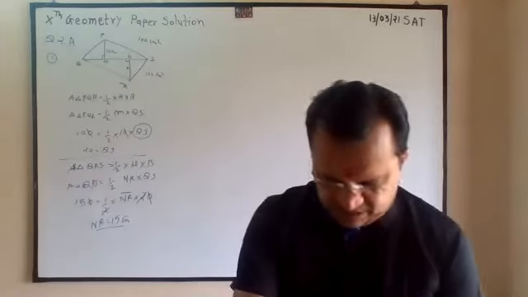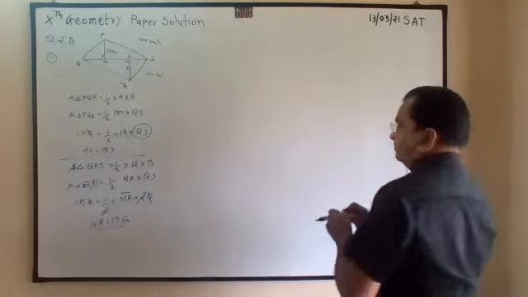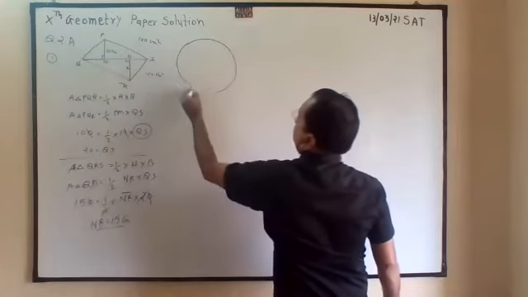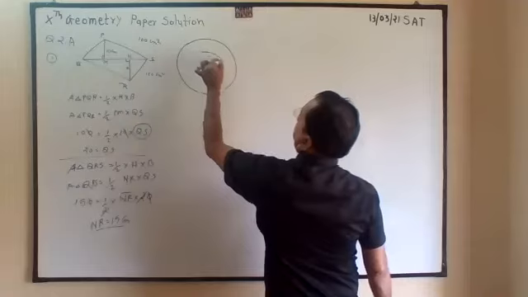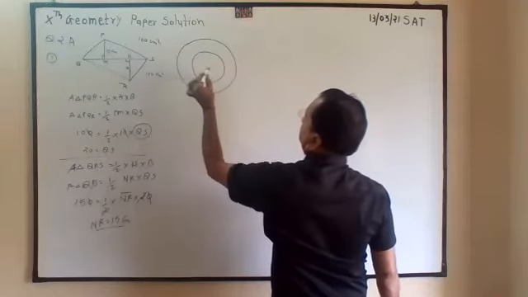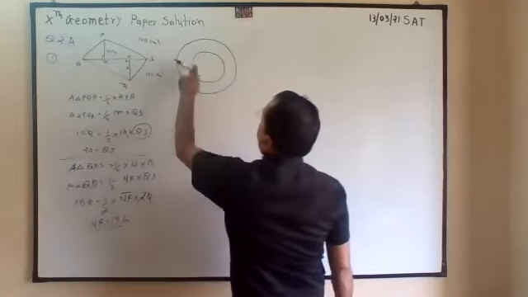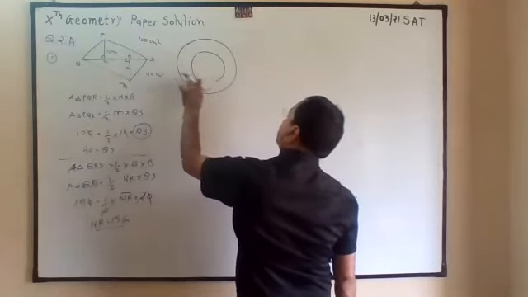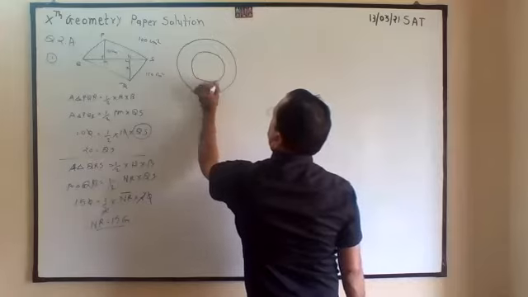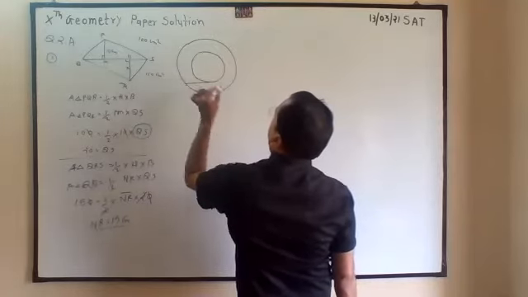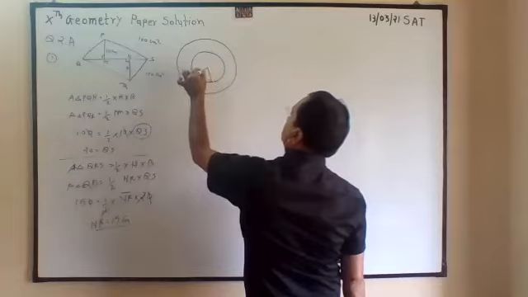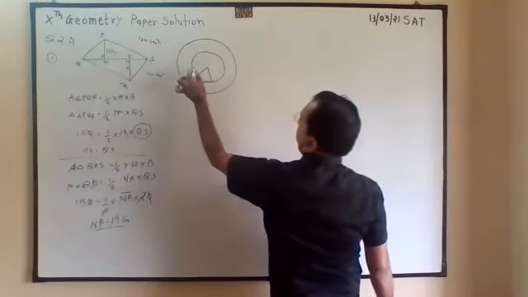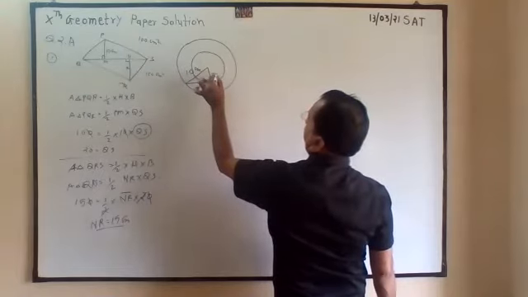Next one is very easy. The diagram is also very easy. A big circle, a concentric, another circle, and here the big radius they have given is 10 centimeter and the small radius is 8 centimeter.